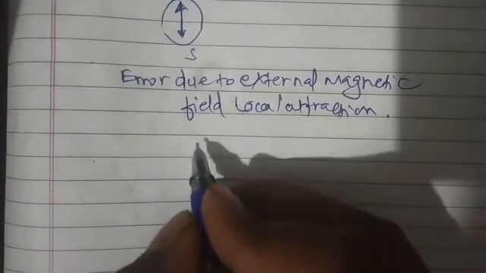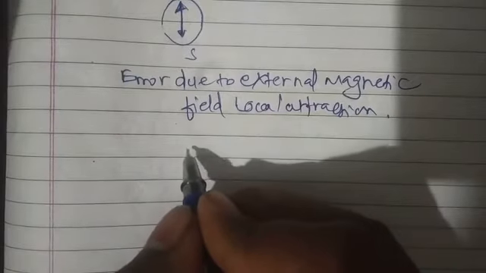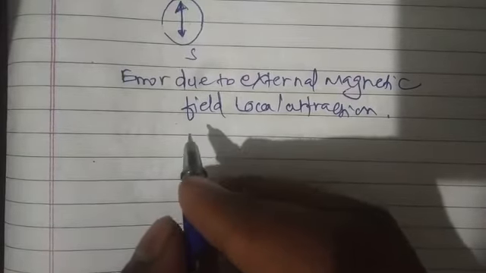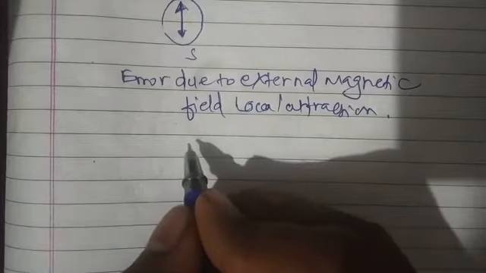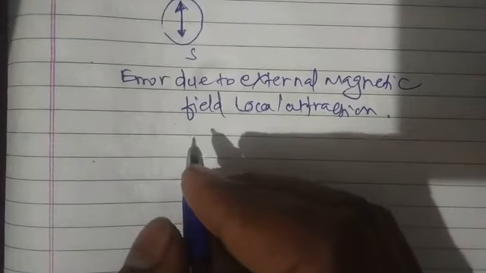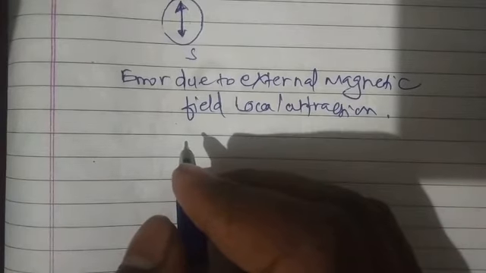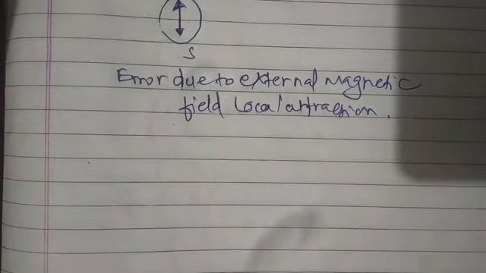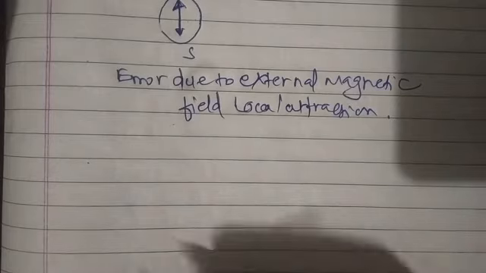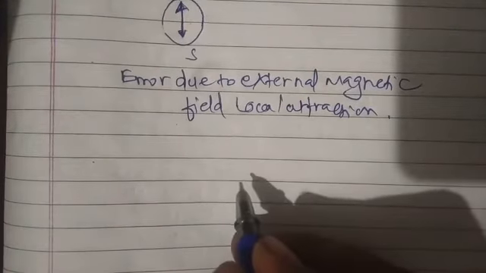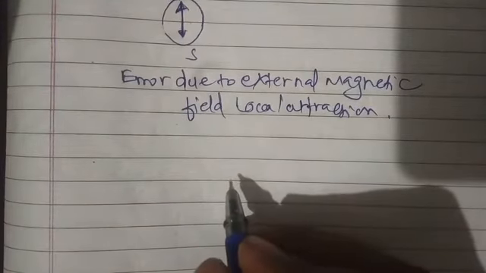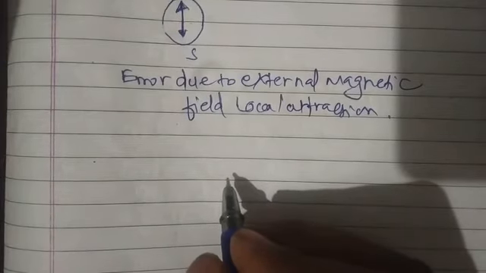So such measurements are not useful for us. If the error is lesser, then we may eliminate that error by calculation. If the error is too large, then we have to repeat the measurement.